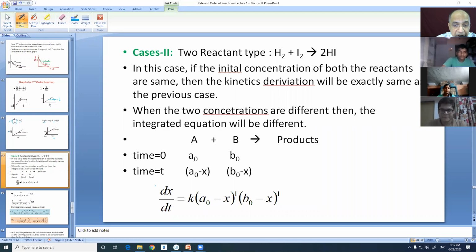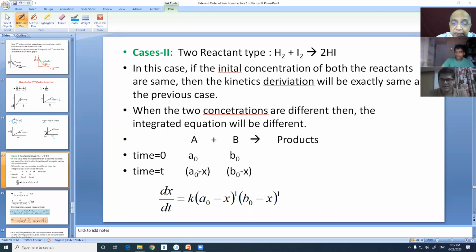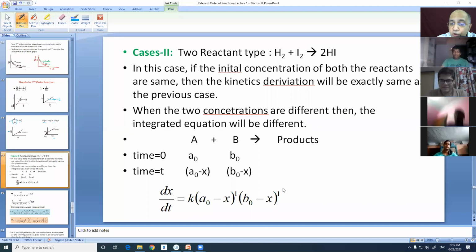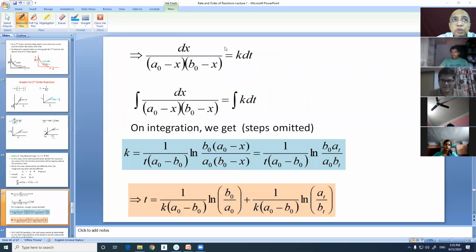So the rate, which is nothing but dx by dt, is equal to k into the first power of A_t and B_t, to the power 1. So in place of A_t, we write A0 minus x, and in place of B_t, we write B0 minus x. If we bring this whole to the denominator of the left side and take dt to the right, we get this. And if we integrate, we directly get this. How to get it? I have omitted the steps.